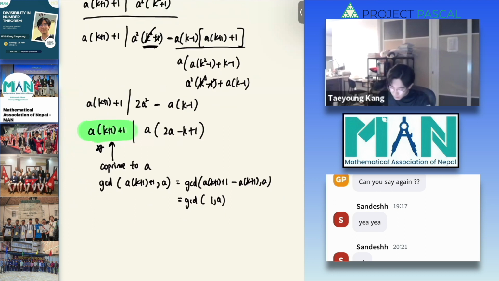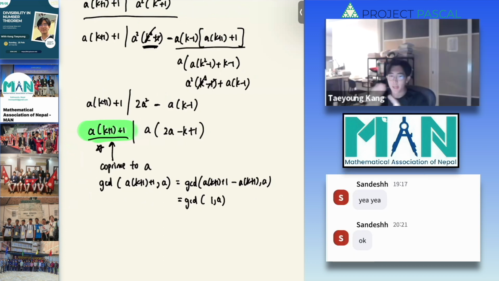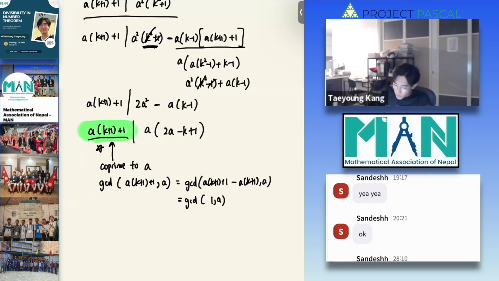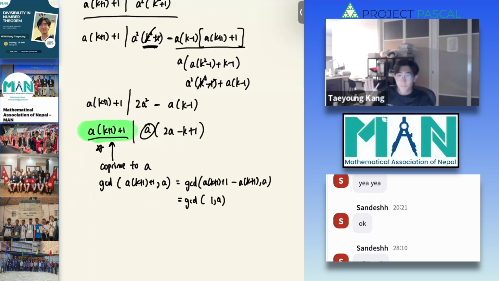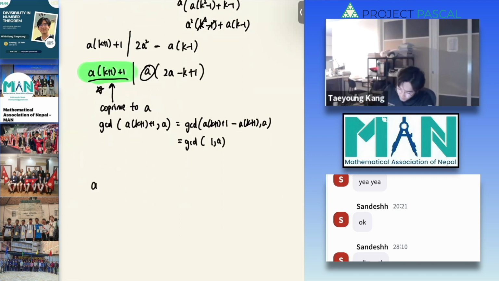So this can never divide a. It doesn't share any common factor with a. So we can just completely divide the right hand side by a. And we'll get that a k plus 1 divides 2a minus k plus 1.